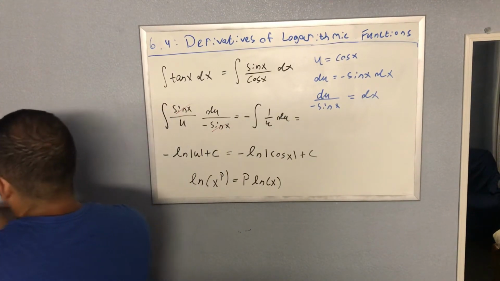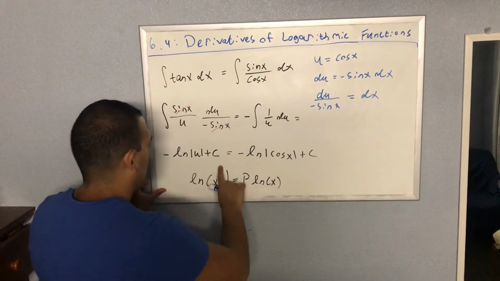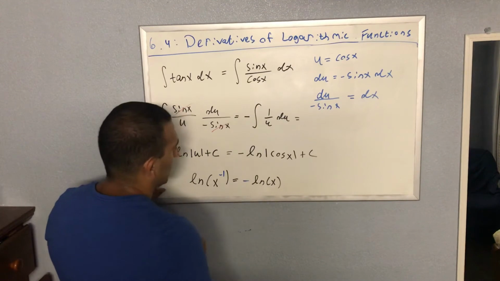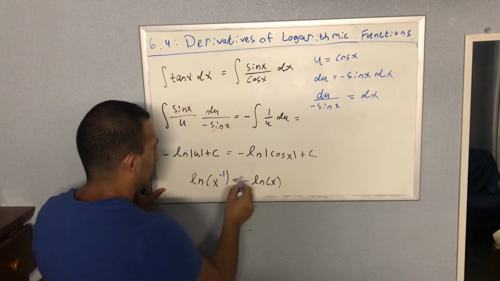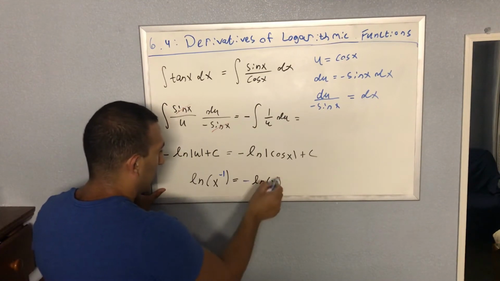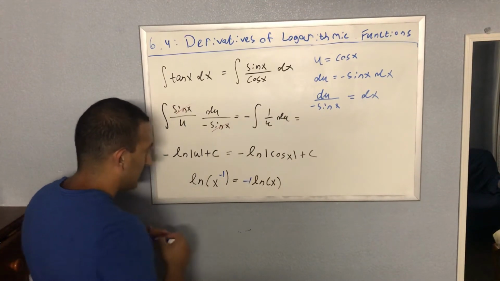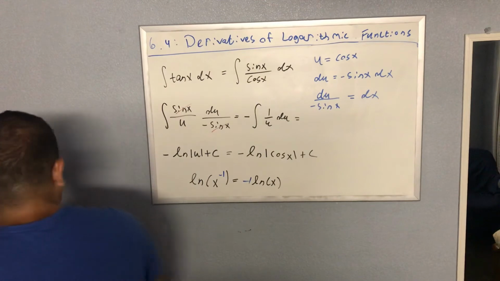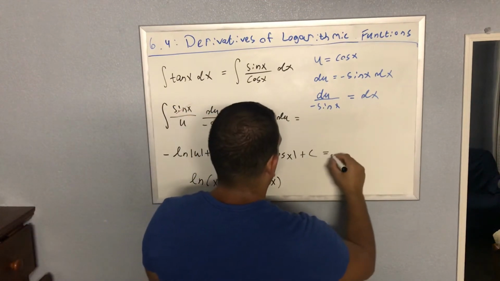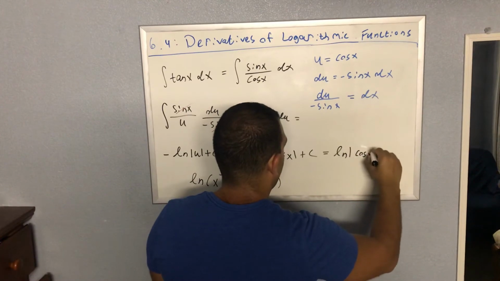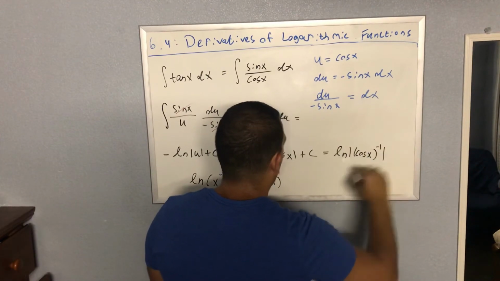It means this minus sign, you can pull it into the exponent. So really this is the ln of the absolute value of cosine x raised to the negative 1 power.